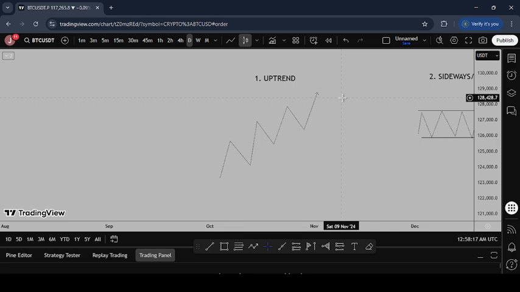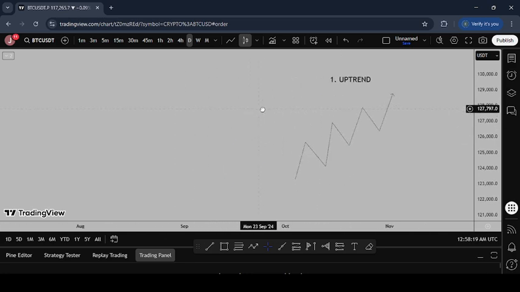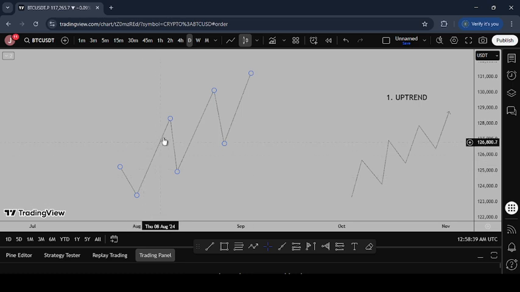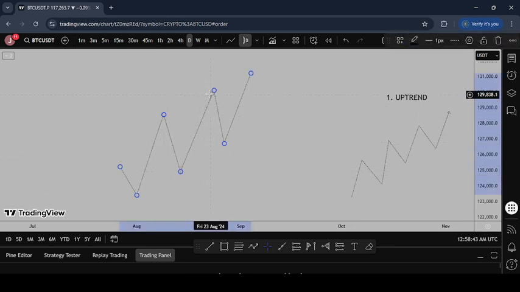The typical market moves by making an impulsive move to the upside, retracing back down, making another impulsive move up, retracing down, and making another impulsive move up, forming a series of higher highs and higher lows.